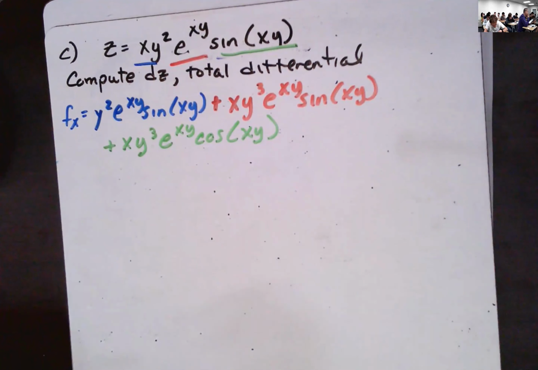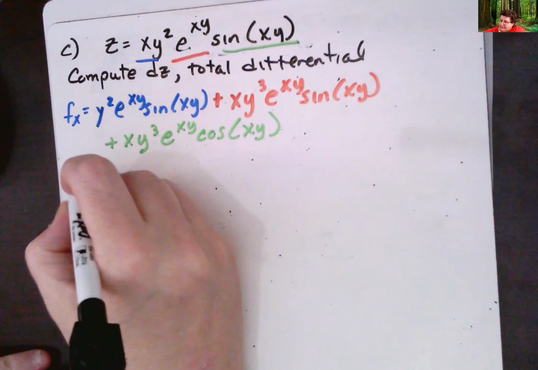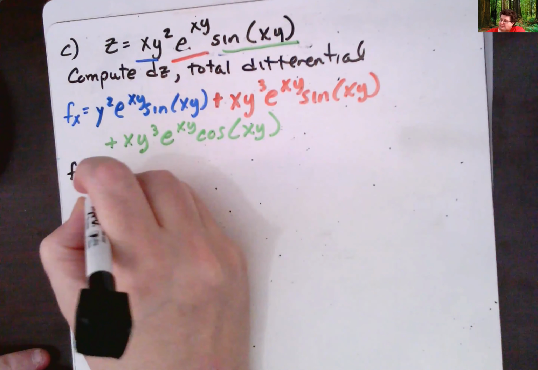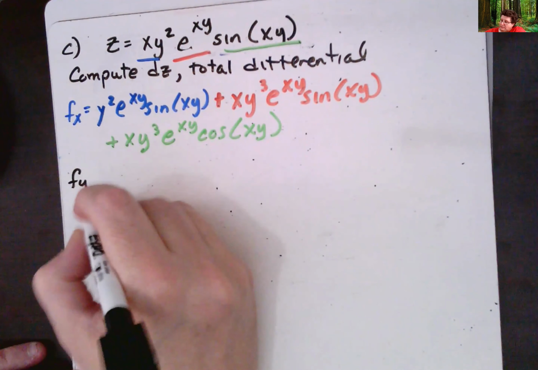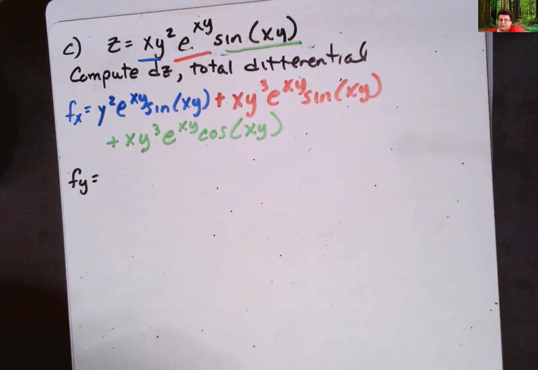And I made it kind of simple with the later functions with the product rule by keeping it xy rather than like xy cubed. If we jump to fy, well, that's it.